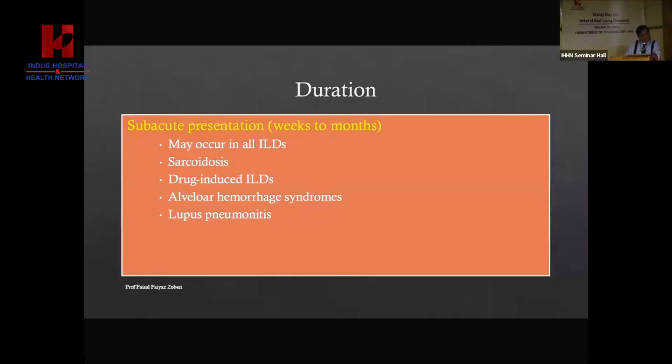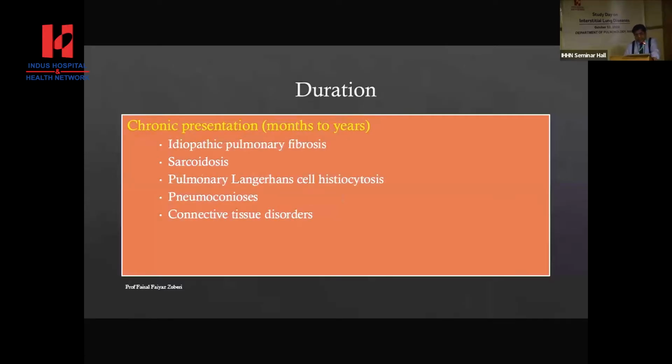Subacute presentation is when persons present with symptoms from weeks to months. This may occur in fact in any of the ILDs. But having said that, important ones are sarcoidosis, drug-induced ILDs, alveolar hemorrhage syndromes at times, and lupus pneumonitis as well. Now comes the classical presentation, that is chronic, which starts from months to years of symptoms, and that includes the classical disease, IPF.